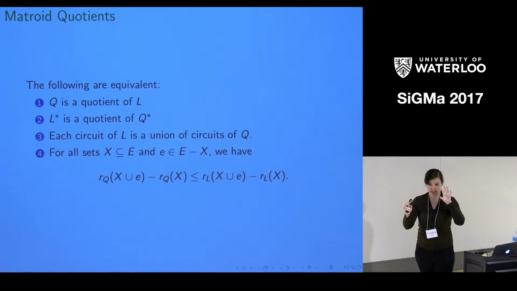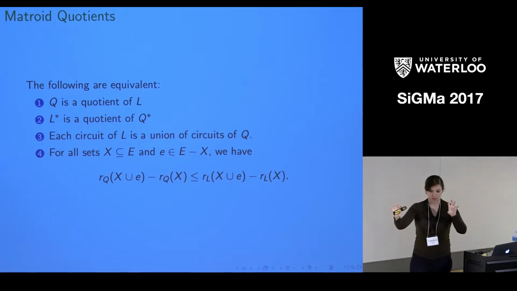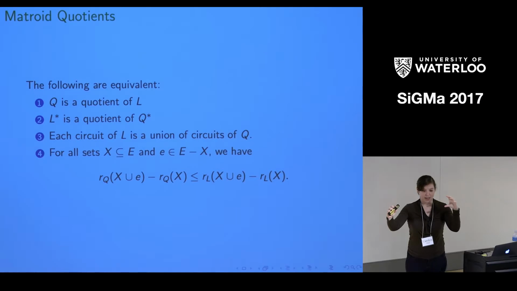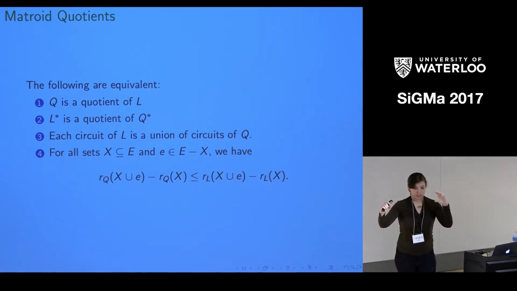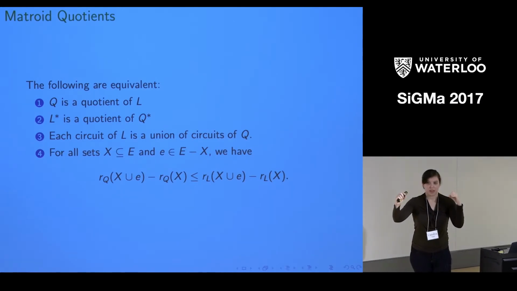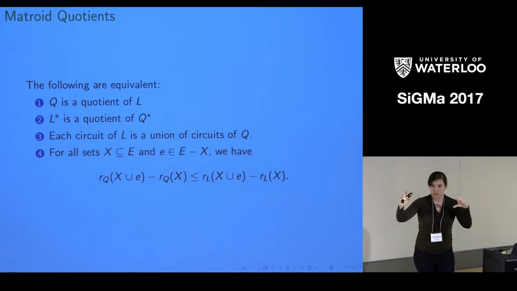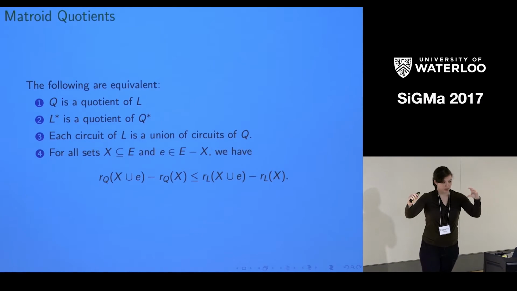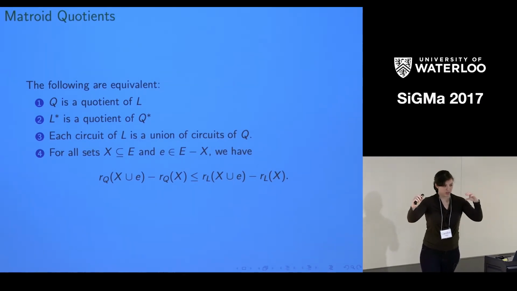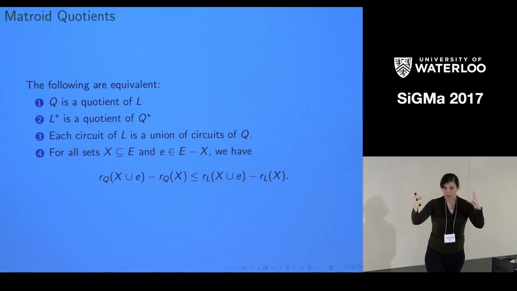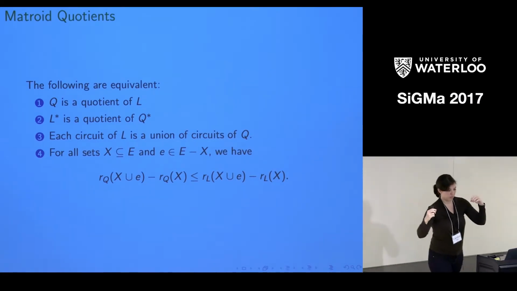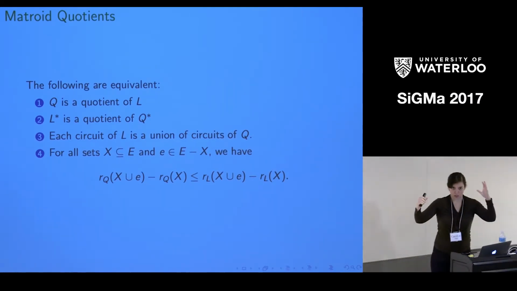So if I look at a set in Q and a set in L, and then I add an element to each of these sets, the amount that the rank goes up in Q is bounded above by the amount that the rank goes up in L. So if I add an element e to X and the rank goes up in Q, the rank has to go up in L. It goes up by 1. And if it doesn't go up in L, then it can't go up in Q.